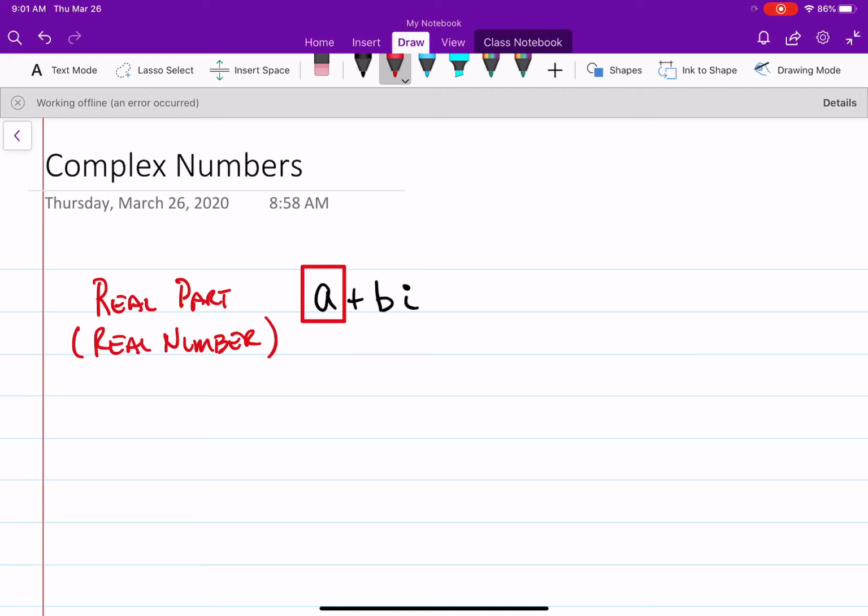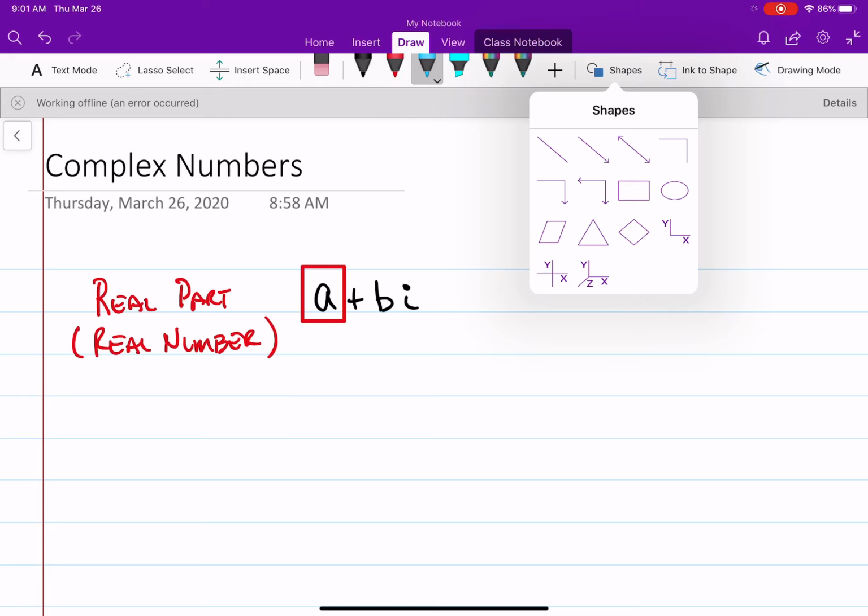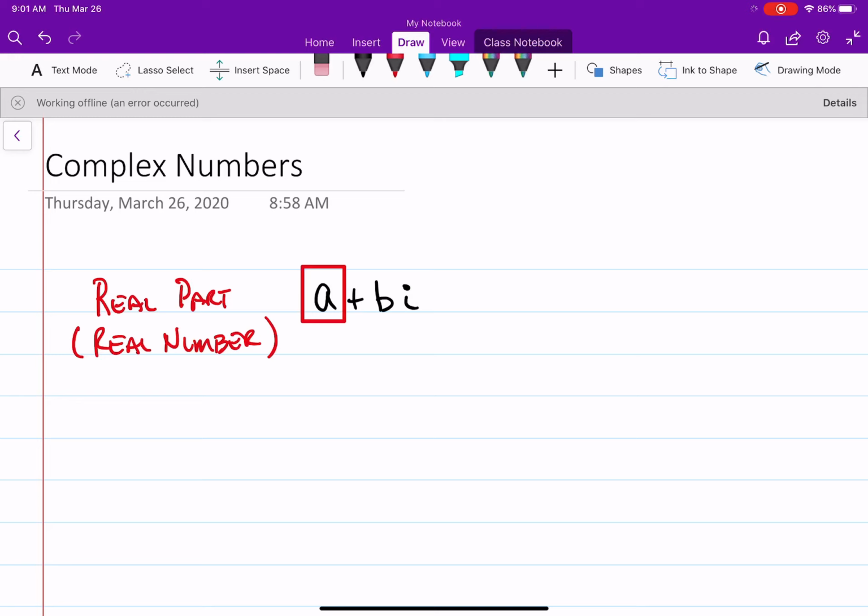You've dealt with real numbers all semester, and real numbers are like whole numbers, integers, fractions, rational numbers. Those are all real numbers. And then you also have this part over here, which is the imaginary part.